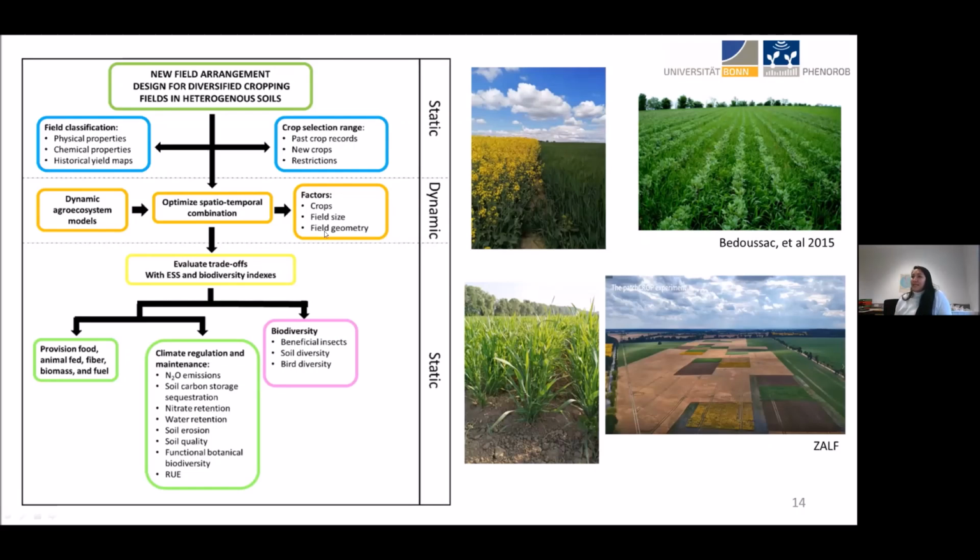Then we have a dynamic part, where we use the agroecosystem models. We try to run different sets of crops, field sizes, and field geometries, and then we try to optimize these three factors based on the evaluation of trade-offs in the delivery of ecosystem services, in terms of provision, regulation of ecosystem services, and also biodiversity.